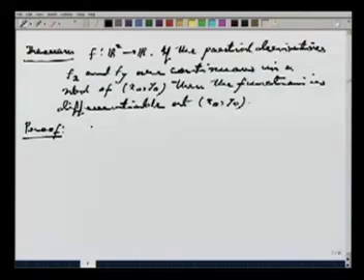Let us say capital X naught stands for x naught y naught, and capital H stands for hk.